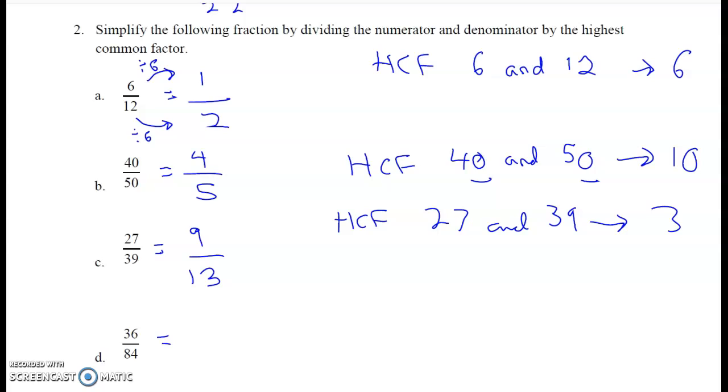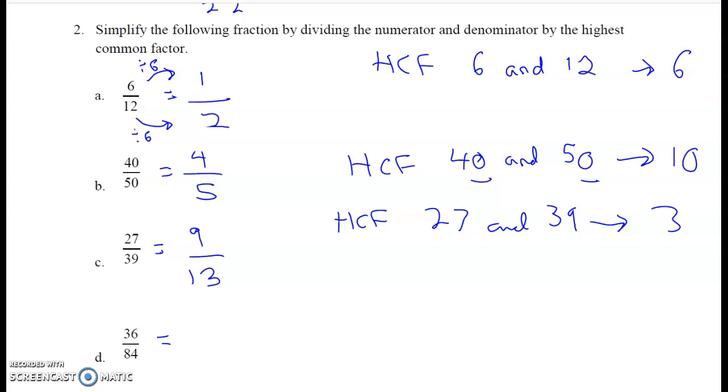Okay, let's look at D, 36 and 84. Now it's worth noting, if you can't see that highest common factor straight away, what you can do is just divide by a number that you do know goes into both. So if you start with small numbers like 2 or 3 or 4, then that could be one quicker way to simplify it down. So 36 and 84, it might not be apparent straight away what the highest common factor is.